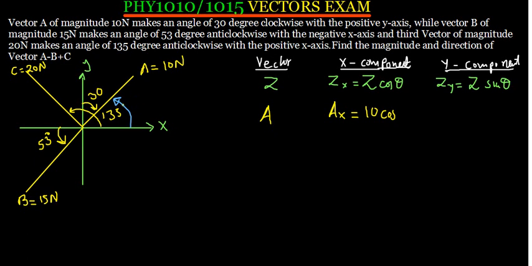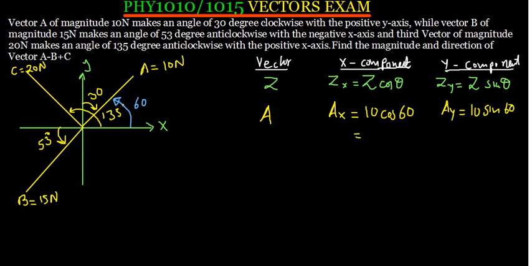90 minus 30. Very good. So that is going to be 90 minus 30. So the angle I'm supposed to use is 60 degrees, not the 30. So this is going to be 10 cos 60 as ax, and then ay is going to be 10 sine 60.